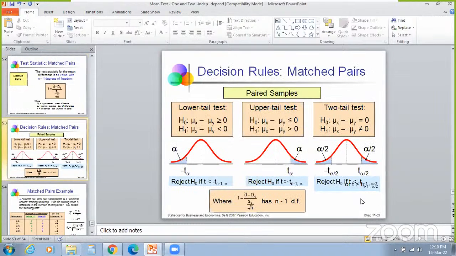If that value is statistically significant, you conclude that yes, there is an improvement in the customer service by the salesperson after this training, or the number of complaints decreased because of attending that training workshop.